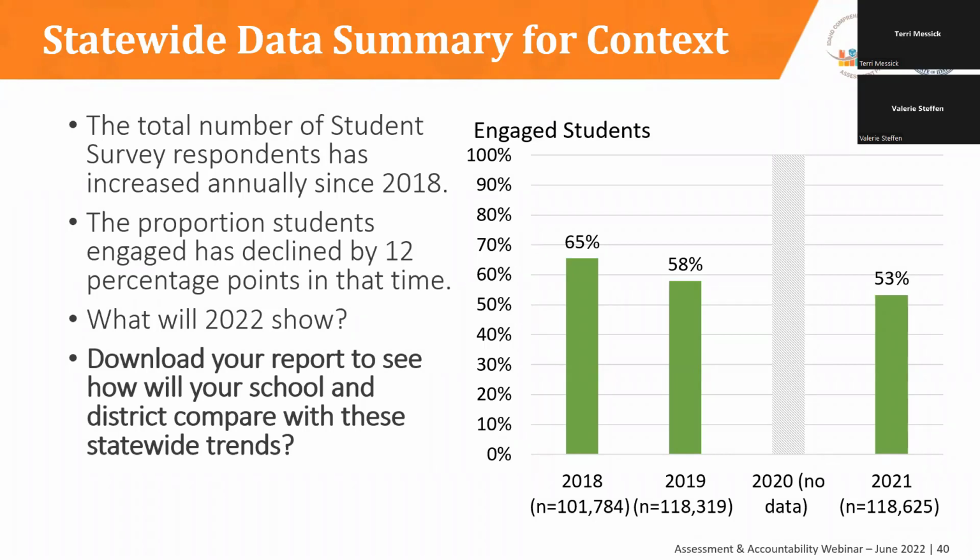And while the number of responding students has increased, how will your schools and your district's findings compare? What has been the contribution of COVID on the statewide numbers, if any, and on your findings? Download your reports from eProve to learn more.